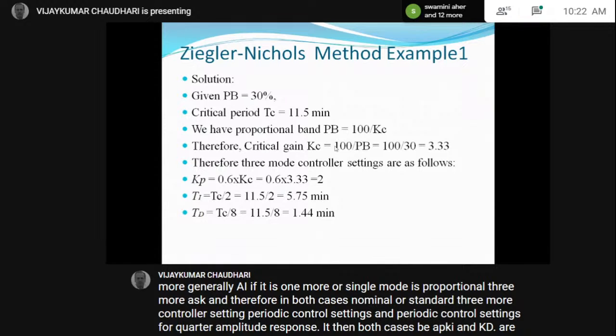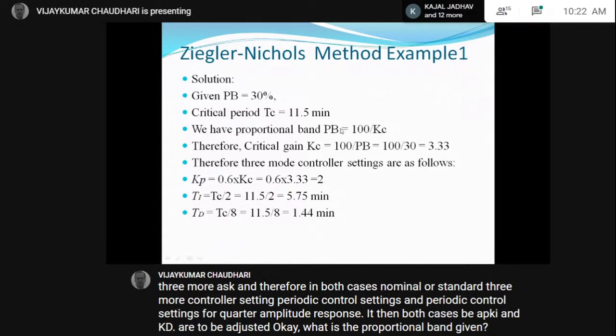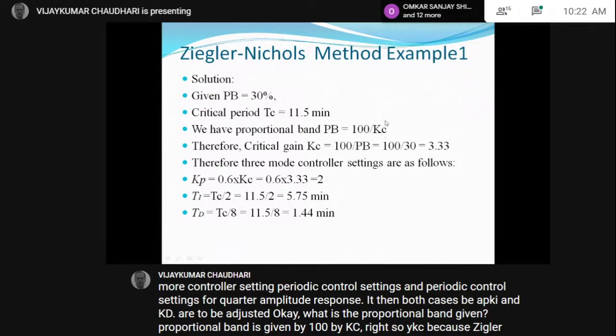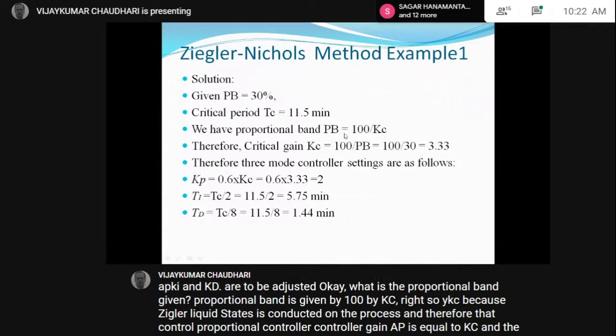What is the proportional band given? Proportional band is given by 100 by Kc. Why Kc? Because the Ziegler-Nichols test is conducted on the process, and therefore the proportional controller gain Kp is equal to Kc, and the proportional band formula is 100 by Kp, and therefore it is 100 by Kc.